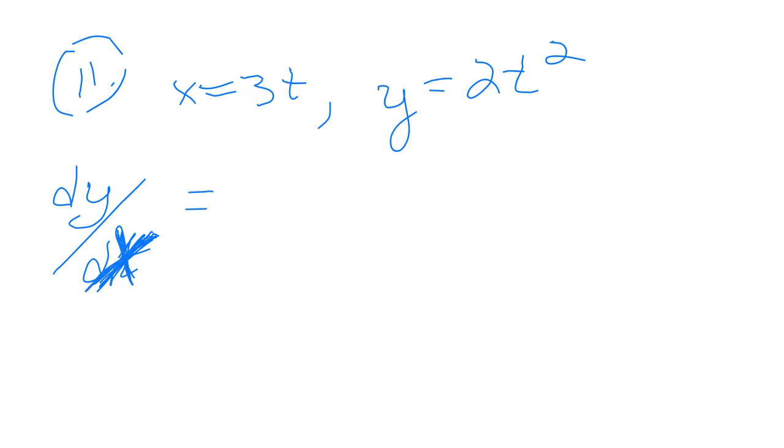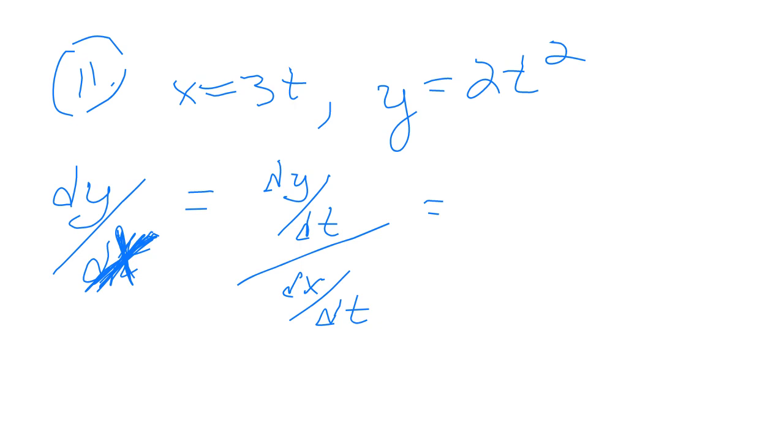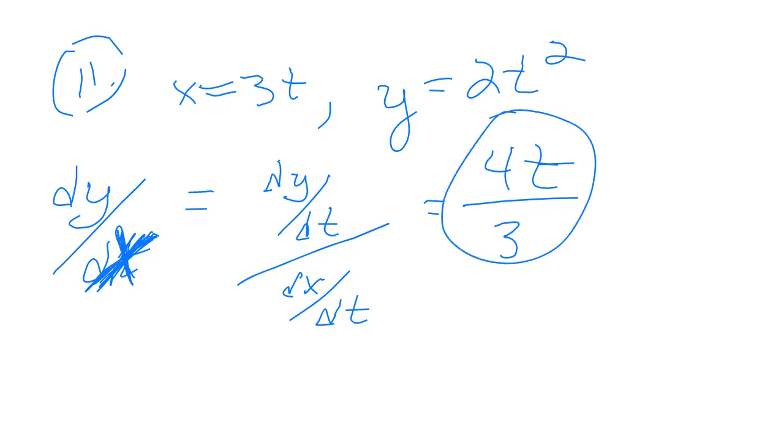We want to use that definition, utilizing the chain rule, so that's dy/dt over dx/dt, correct? What's dy/dt? 4t. And what is dx/dt? 3. So 4t over 3.